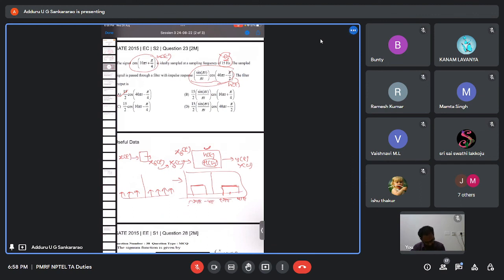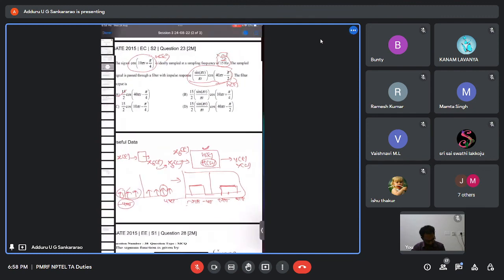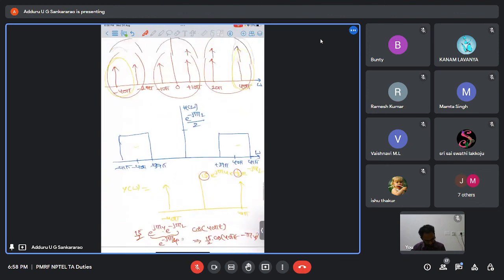That means only the impulses at 40 pi and minus 40 pi will come out of the filter, and all others will be rejected because there the gain is 0. Okay, so that's what you can see here.